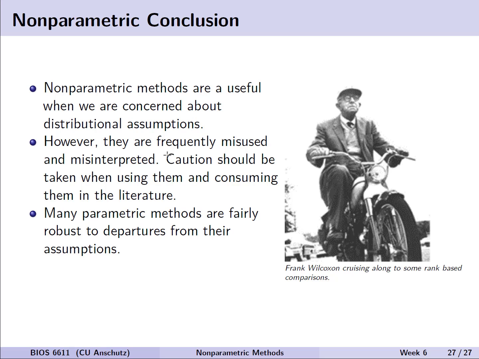So caution should be taken when using them and consuming them in the literature. Another important thing to note is that many parametric methods are fairly robust to departures from their assumptions about normality or other asymptotic properties, so it may be okay to evaluate in your given context the use of a two-sample t-test versus something like the Wilcoxon rank sum test or other alternative tests.